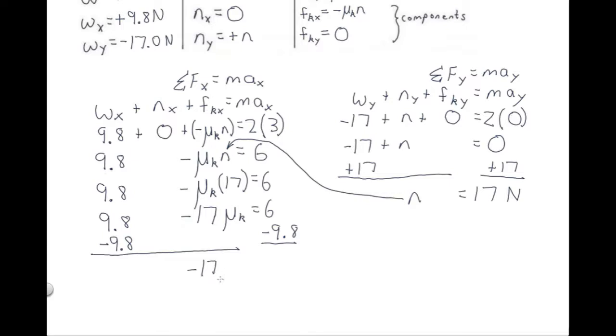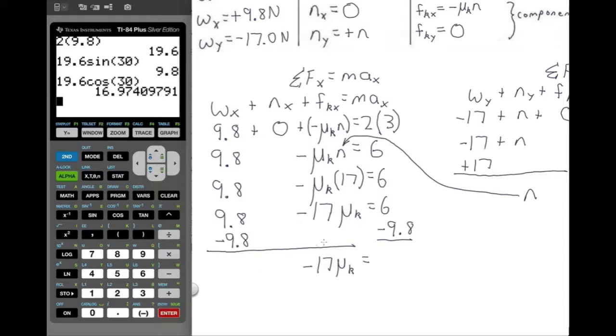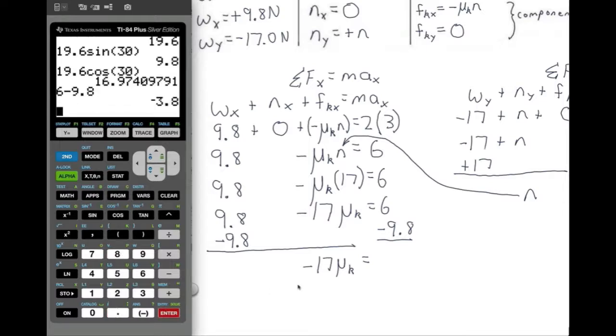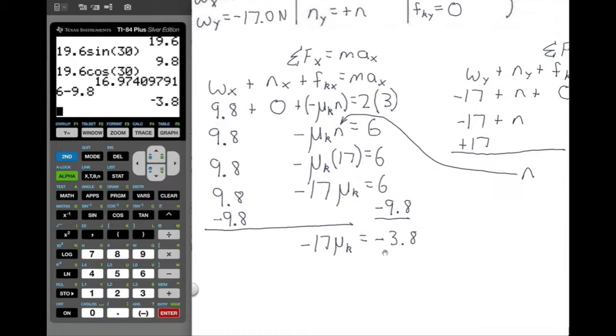Always take your time and be careful when there's negative signs in your algebra, because it's easy to make mistakes with those. We have to do the calculation 6 minus 9.8. So for that, we'll get negative 3.8. Again, be careful with the negative signs with these calculations.